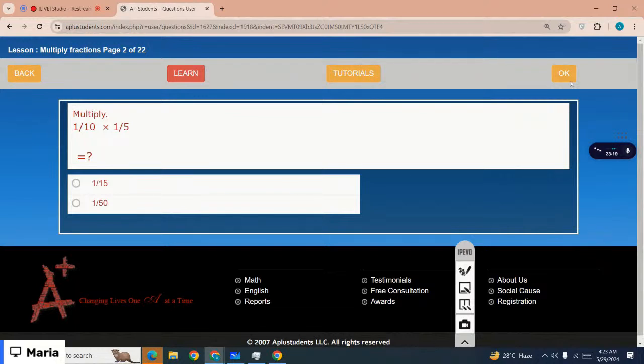So 1 by 10 times 1 by 5 is 1 by 50. The correct option is 1 over 50. Option number 2 is the correct option.